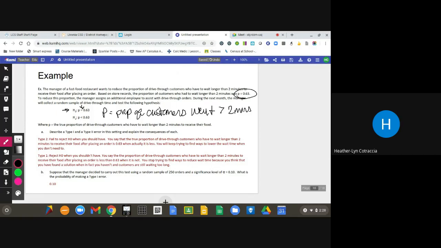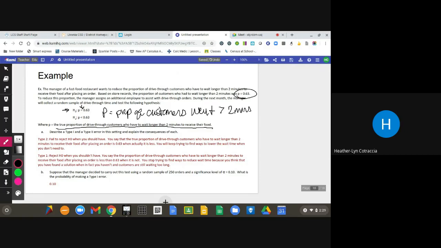Now this manager has introduced another employee to help decrease that proportion of customers who have to wait. That's where that less than came in, because they want to decrease the proportion of customers that have to wait more than 2 minutes. So that was the first thing that we talked about today, how to write a null and an alternative hypothesis.